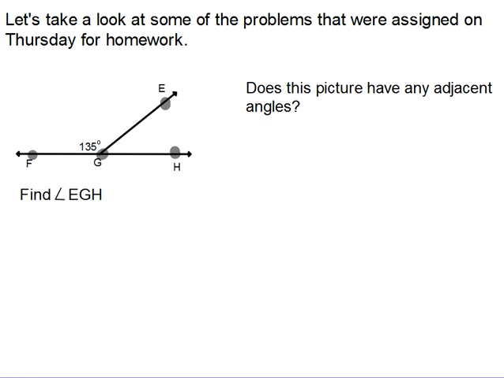So they do. Angle EGH is adjacent to angle FGE because they both share this side and G as a vertex.